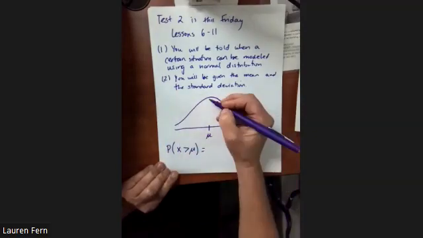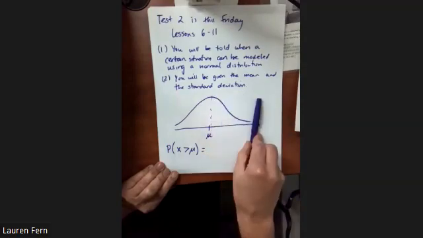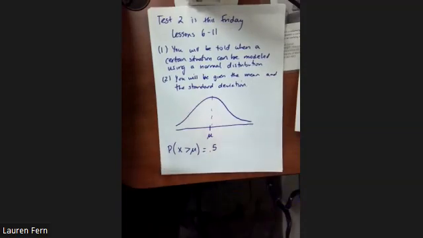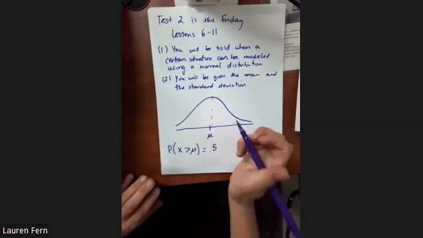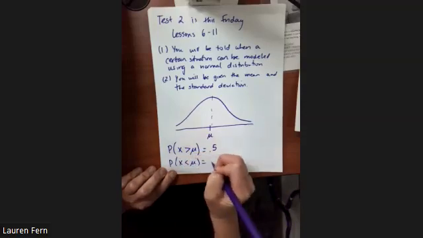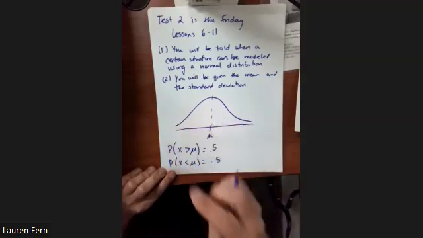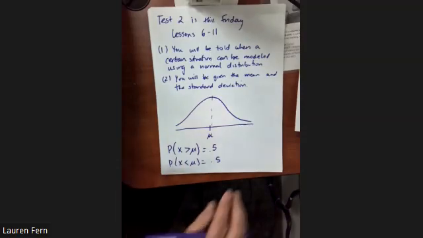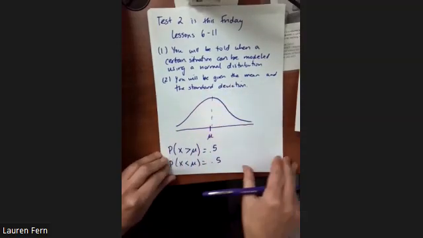What's the probability that the data value is greater than the mean? 50%. Yes, thank you. We know that half of our data is greater than the mean and half of our data is less than the mean. We know these values because it's part of the nature of a normal distribution. You want to know these things.